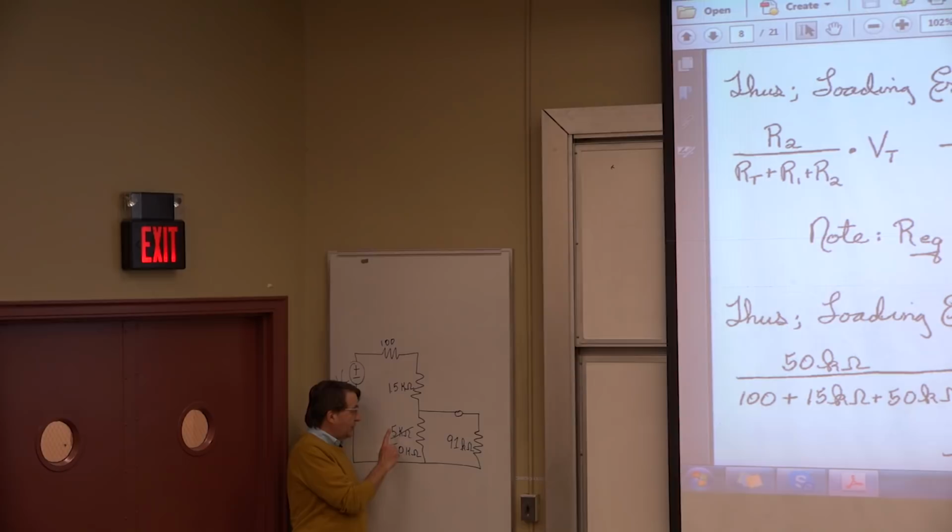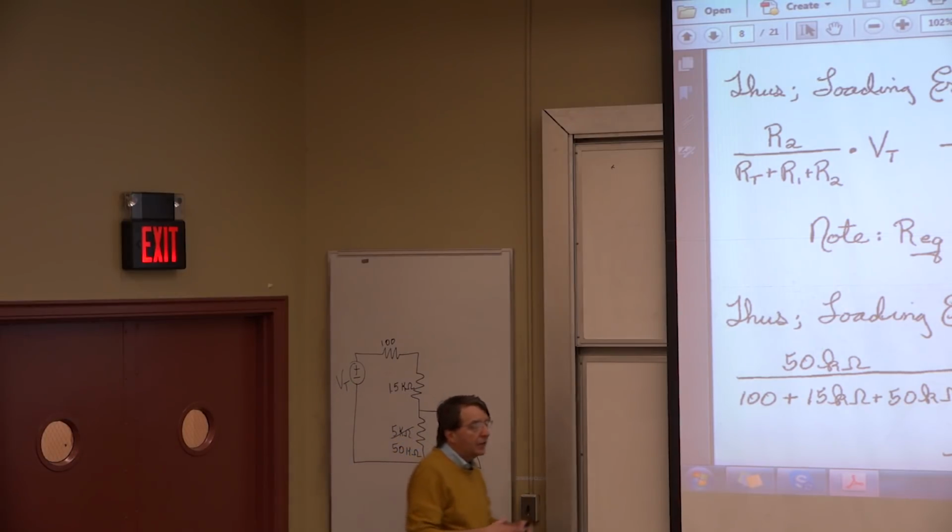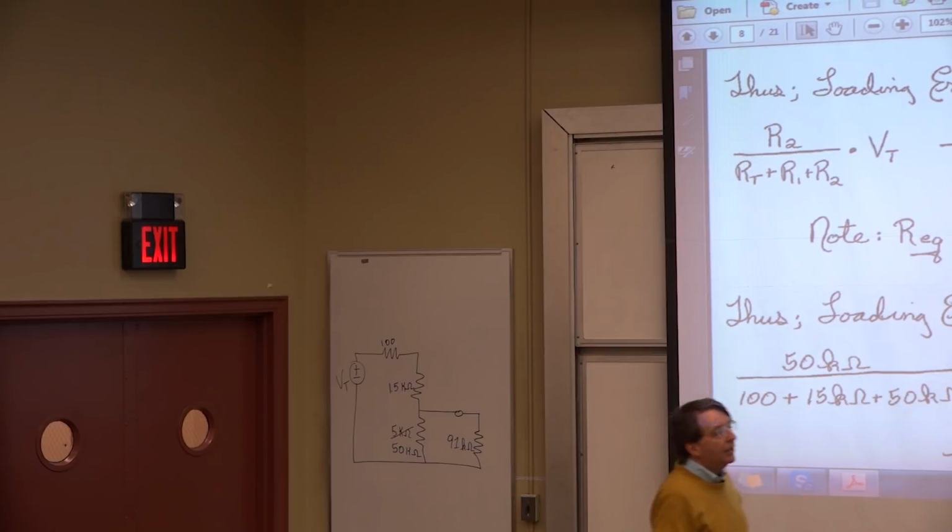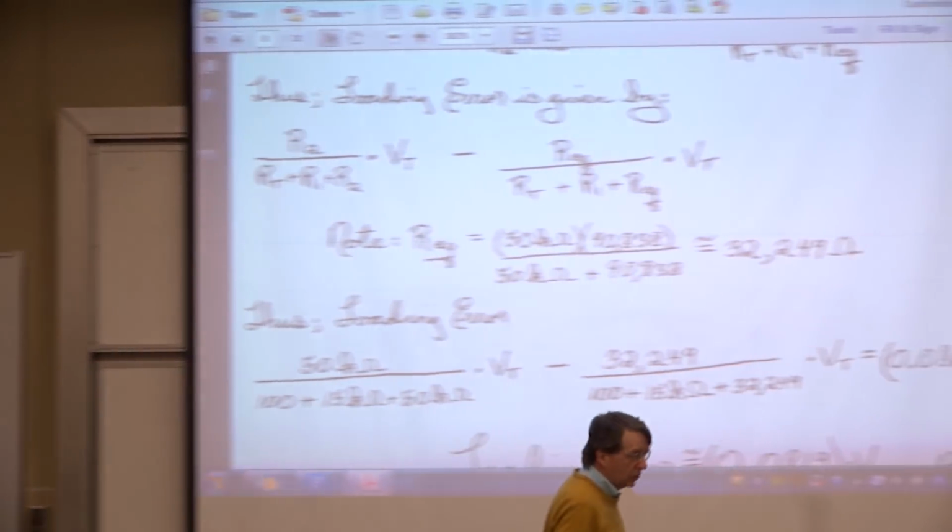And if this is 5,000 ohms and this is roughly 90,000 ohms, this is almost like a solid wall that no current goes through. It's going to choose the 5K. However, as you now go from 5K to 50K, 90K is no longer the same multiple of 50K. So you don't get that solid wall. Current now divides, so you're getting too much loading error.